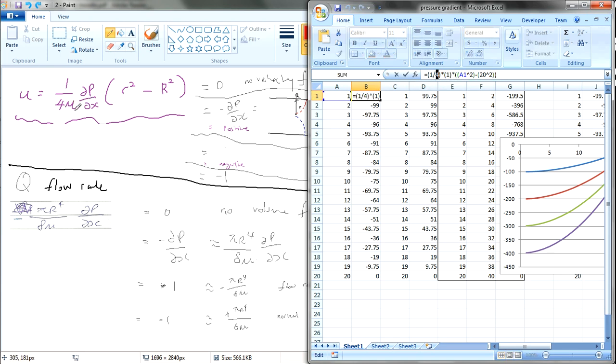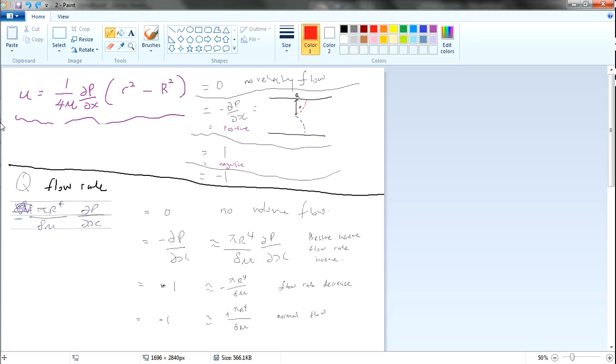I assume that the dynamic viscosity is negligible, and del p del x is this one, so I set it as 1. And then A1 is this, 1 2 3 4 5 6, so it will be r, this small r, and then this capital R squared I'll keep constant throughout. It is R squared, which is at the top over here.